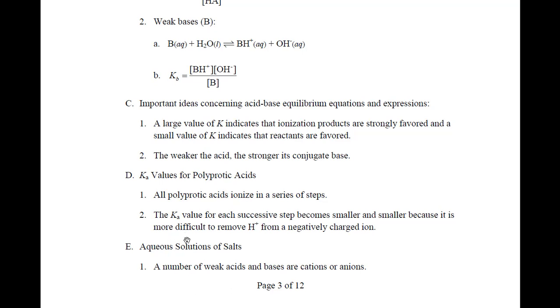And the reason we can kind of ignore that is because really the first hydrogen ion lost is going to be the biggest contributor. The Ka value for each successive step, so let's say if it's 2 acidic hydrogens, the Ka for the first removal is going to be very large.